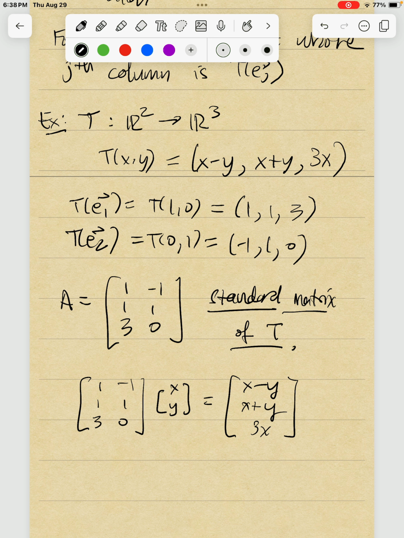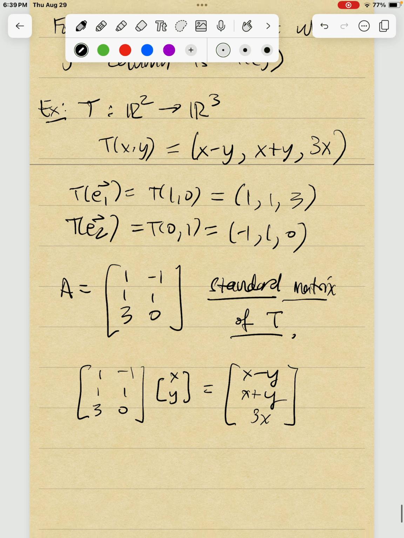If you plug in all the vectors in R2 into this transformation T, is the collection of output vectors all of R3, or is it a line, or what kind of shape do you get?